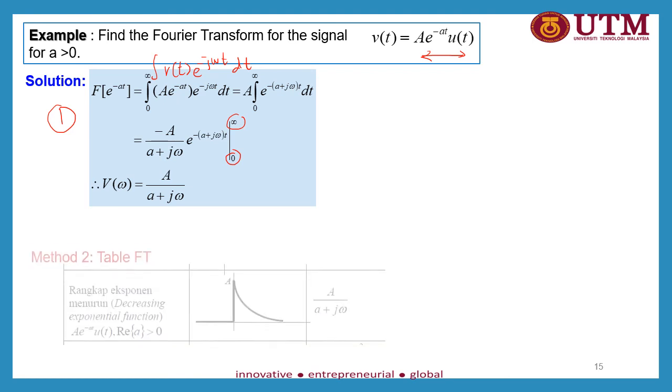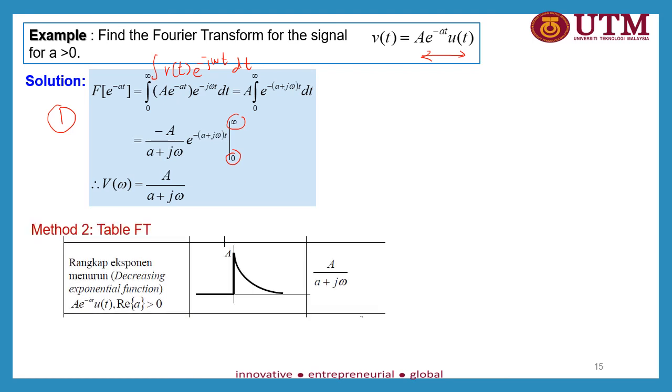So now let's look at the second method. Okay, from the Fourier transform table, look at the closest equation. So sometimes you may see from the table that's A e to the minus a t only. Sometimes the equation may appear a bit different, for example like this. Okay, so you need to compare with the closest equation. So in this case, the function A e to the minus a t multiplied with u(t).